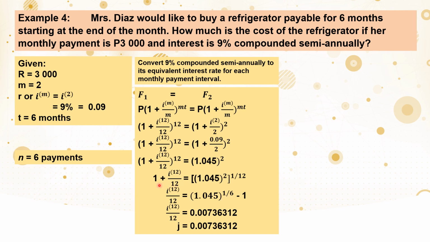At yung 1 natin dito is kailangan din natin siyang ilipat sa right side. So, to transpose positive 1, magiging negative 1. So, we have now 1.045 raised to 1 over 6 minus 1. At yung natira na lang dito sa left side is yung I raised to 12 over 12.